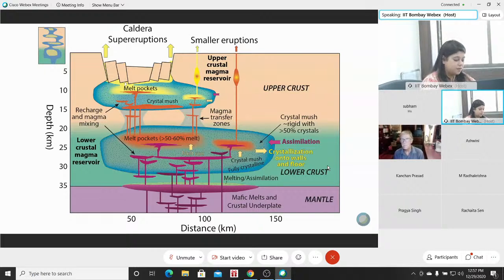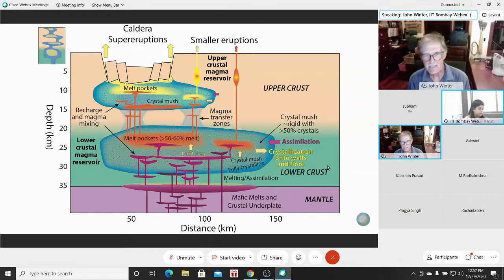Sure. Yeah, okay. Sir, is it possible to differentiate a granite formed by fractionation from one formed by a low degree of partial melting of a felsic protolith? Yes, that's the whole idea, at least usually, or often enough. Let me back up. That's what I-type granites are versus S-type granites.